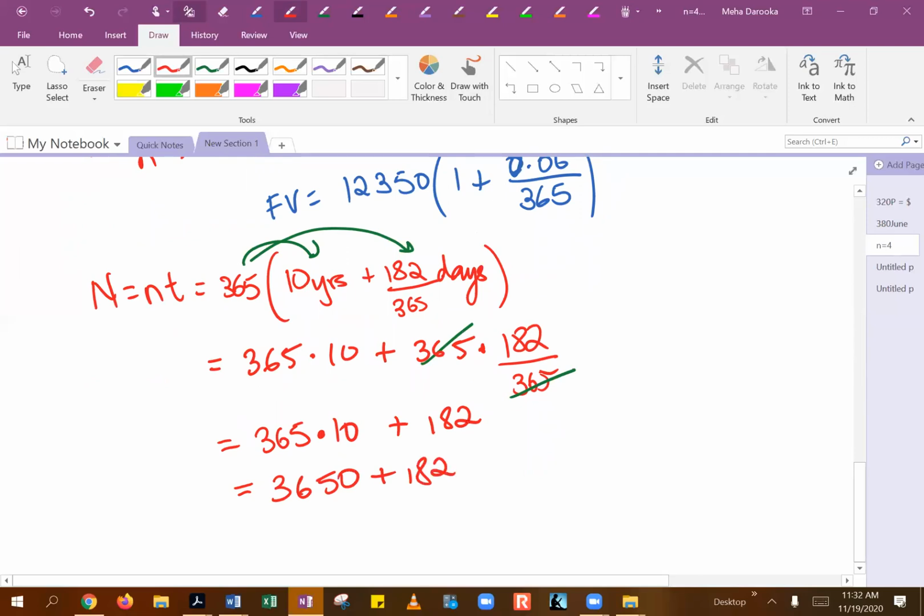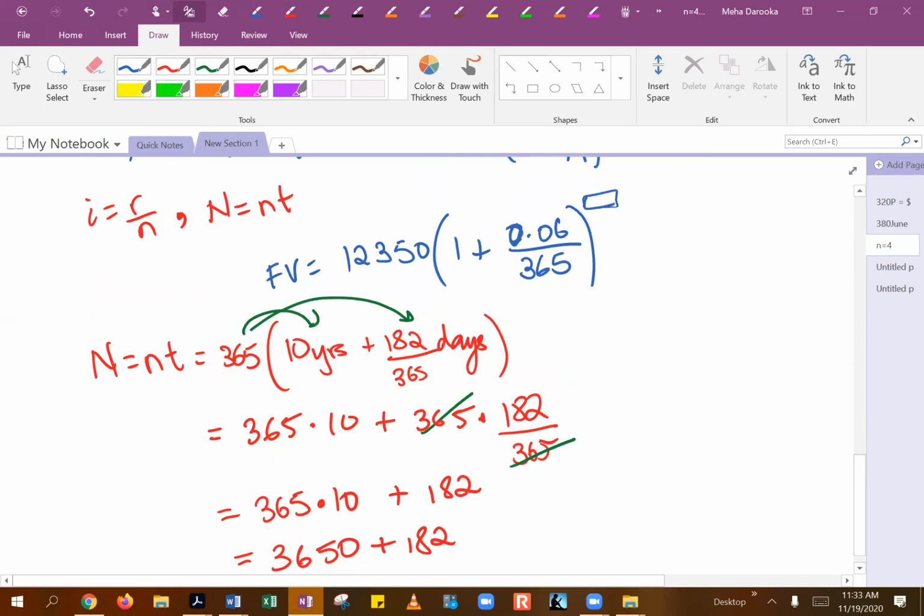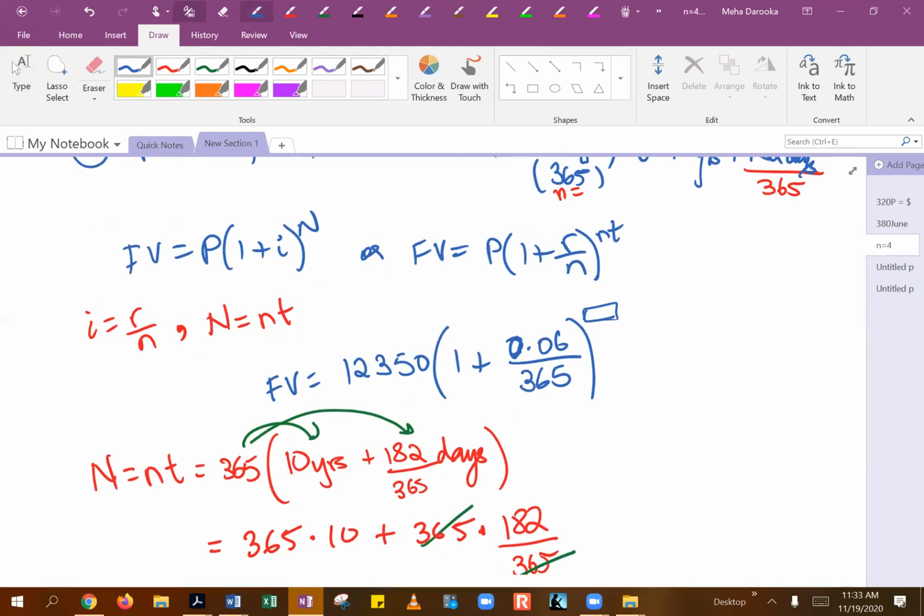You would be adding 182 to that number, and that would tell you for how long you are going to calculate your interest. So this is going to end up becoming 3,832 days, and that becomes your exponent over here, 3,832.